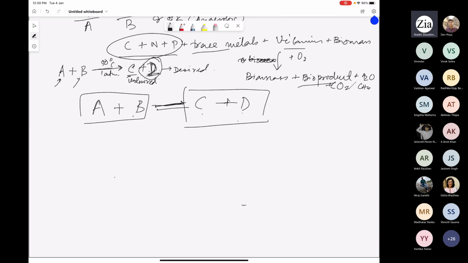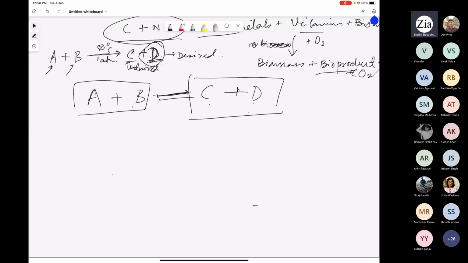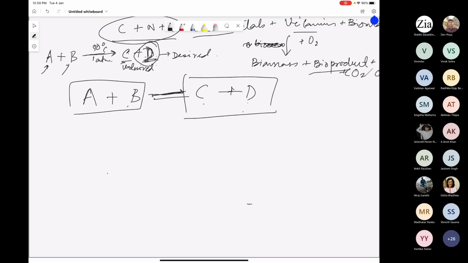Like we know about photosynthesis. C6H12O6 plus oxygen will give you CO2 plus H2O.